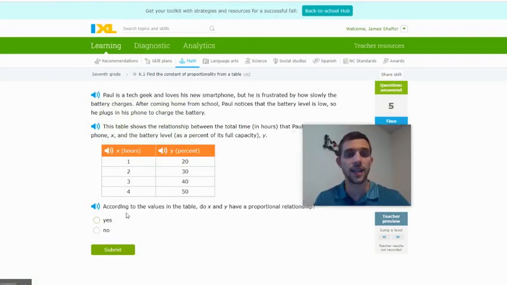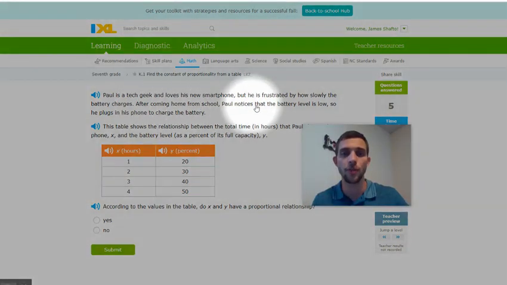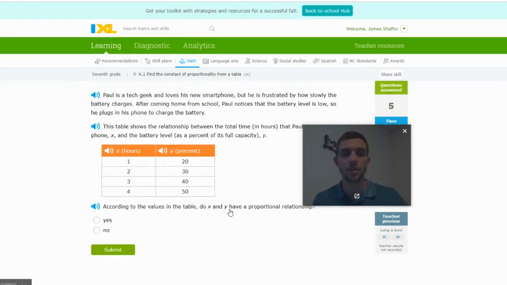This one says, Paul is a tech geek and loves his new smartphone. He is frustrated by how slowly the battery charges. After coming home from school, Paul notices that the battery is low, so he plugs in his phone to charge the battery. According to the table, is this a proportional relationship? We're going y divided by x.